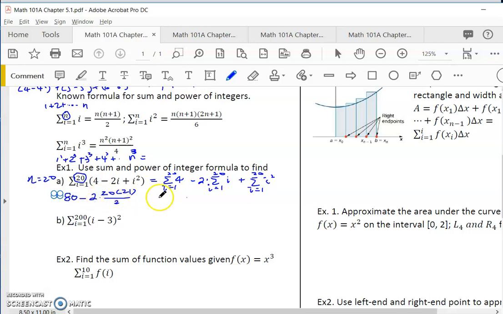The 2 times 21 and 21, so these two cancel. And then add sigma i squared here. n is 20. So that is 20 times 21 times 2 times 20 plus 1, 41, over 6. And if you add these together, did I do that? 25, 30.